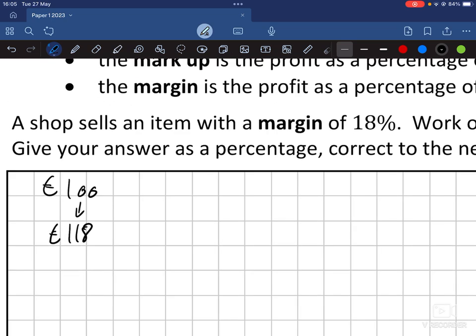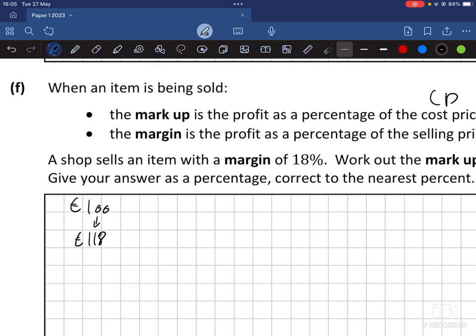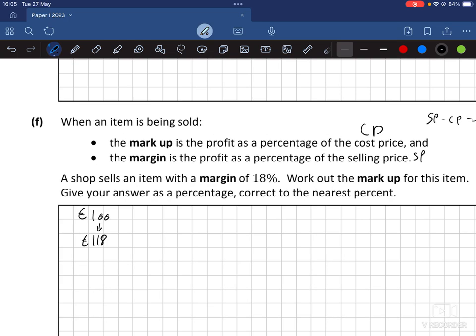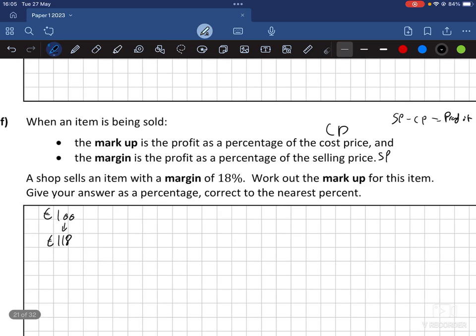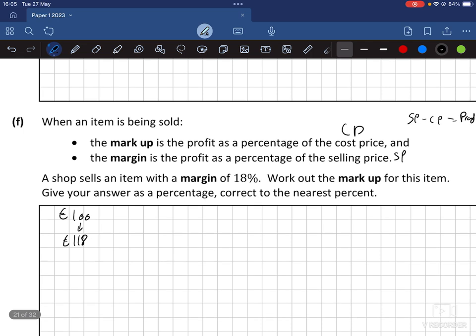Now we're asked to work out the markup for this item. Okay, first of all, in this case, we said they sold it for 100 and they made a margin of 18%, so overall they made €118, and we're trying to figure out basically what their profit is. So it seems like we need to know the profit for this. Well, what was their profit?